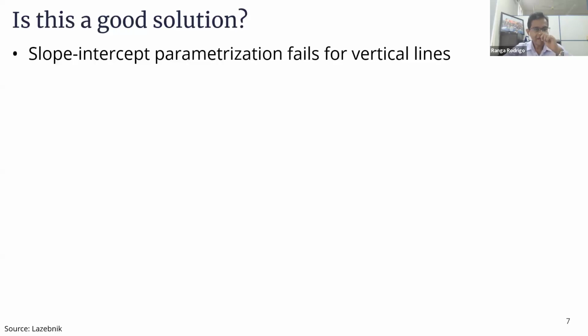Is this a good solution? Slope intercept parameterization fails for vertical lines. That's a problem with this. So for lines like this, these are the points, okay?